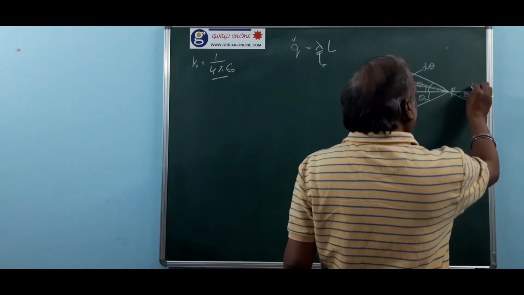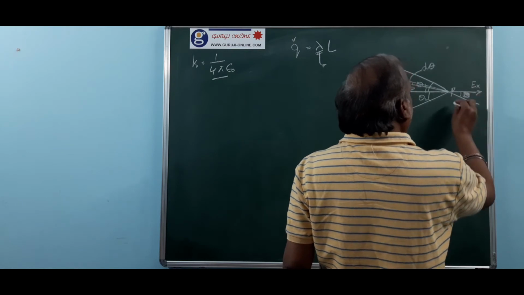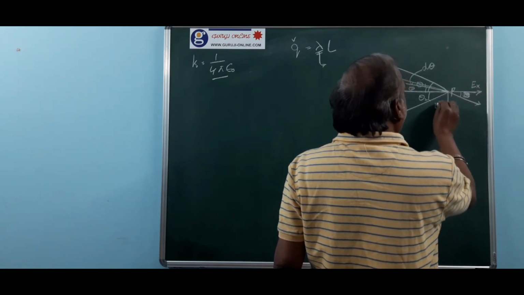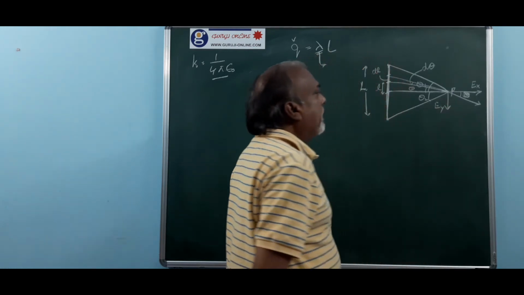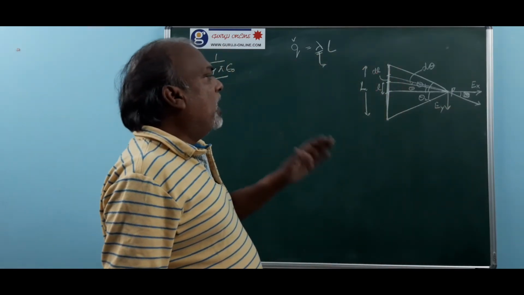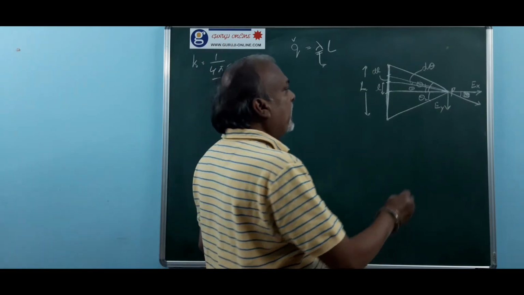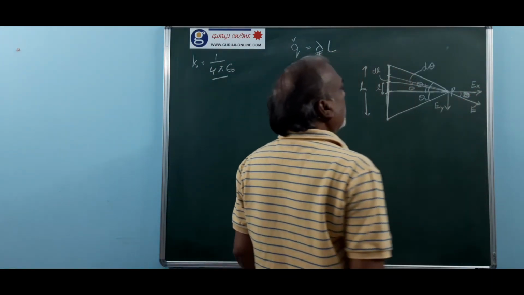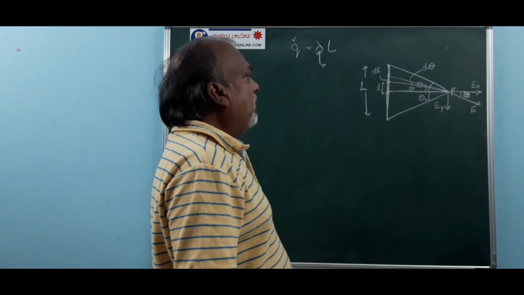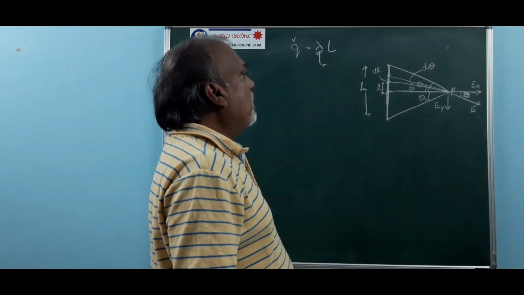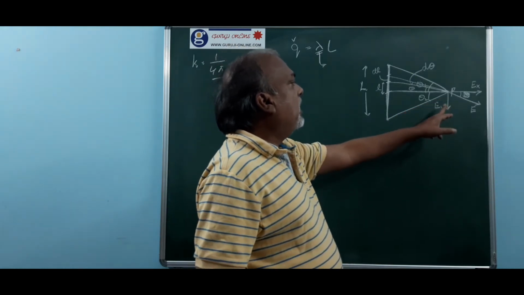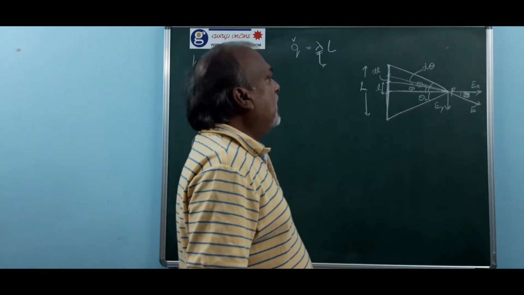This is suppose Ex, and this is Ey, correct? So now we have to find out, if we know Ex and Ey, then we can find out the electric field at P, because this will be the resultant of Ex and Ey.